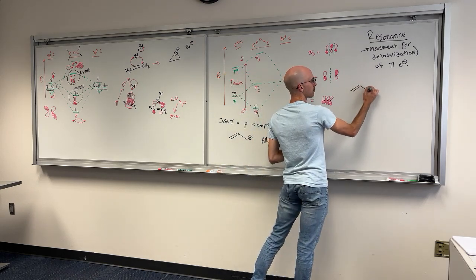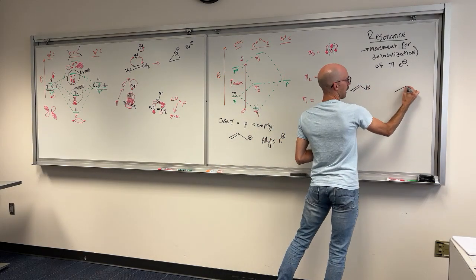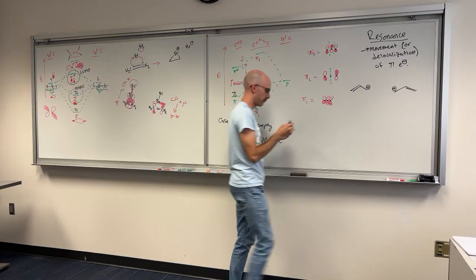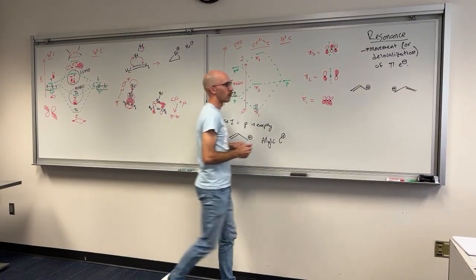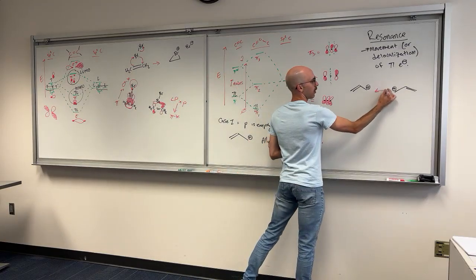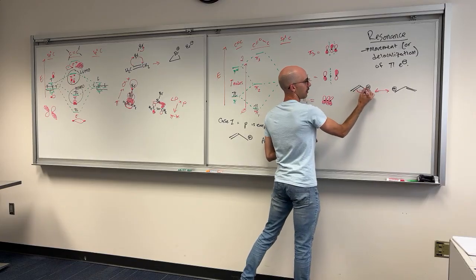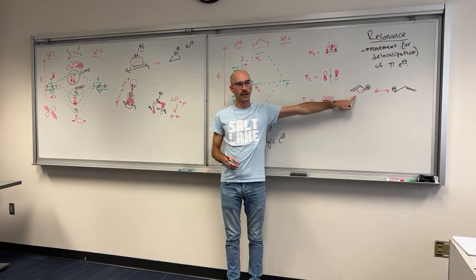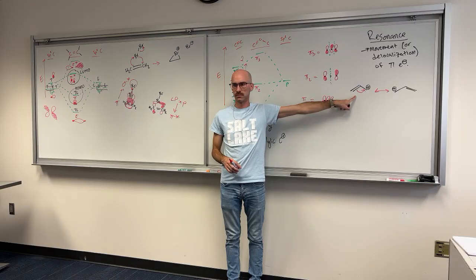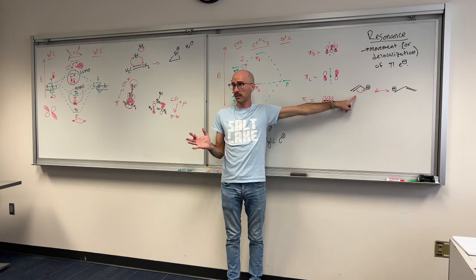So we have this resonance form, and we have this resonance form, which are related to each other by a resonance arrow and an electron arrow. This looks familiar, correct? You've seen resonance depicted with electron arrows? You have, yeah.